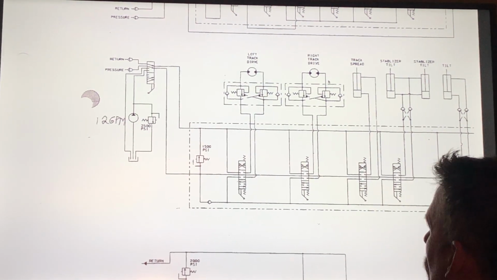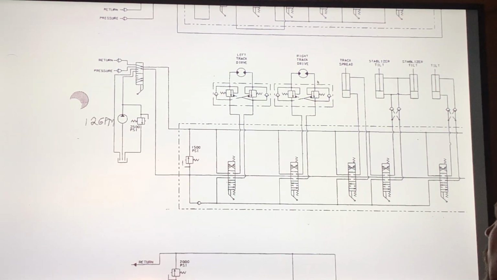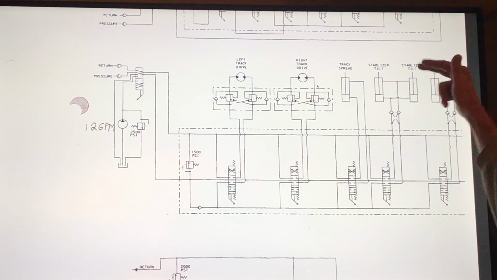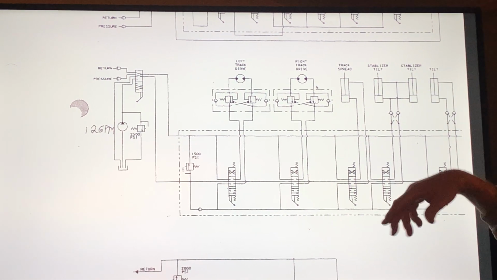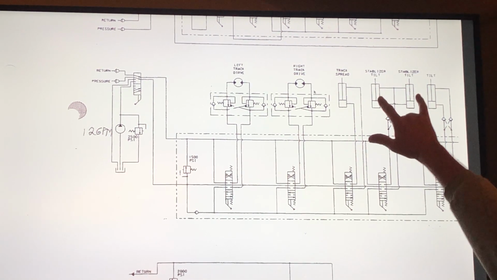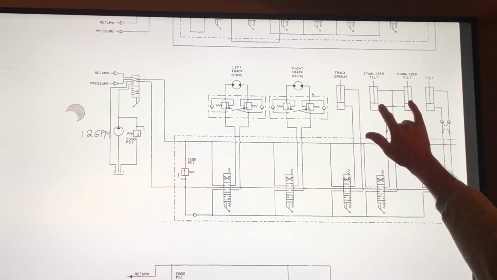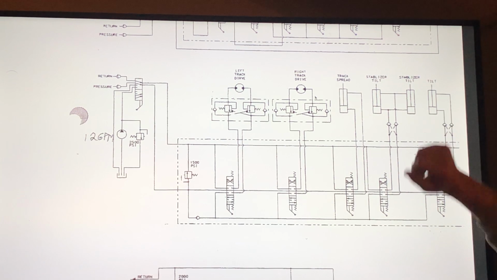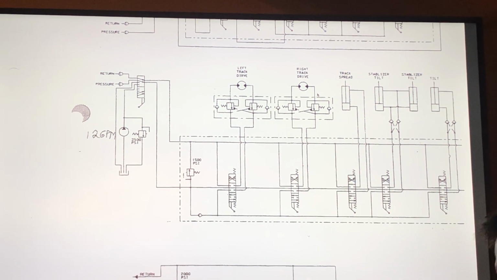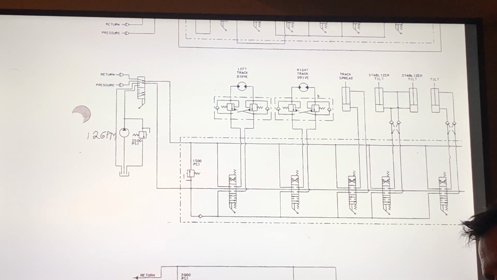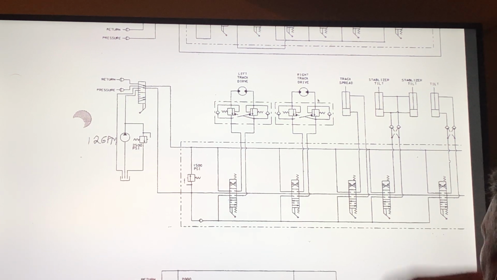So that is our directional control valve. Now here we've got our stabilizer tilt cylinders. When we set the rig up and get it all leveled, we're doing it with these stabilizers. So what is the maximum pressure seen at the stabilizer tilt cylinders in PSI?